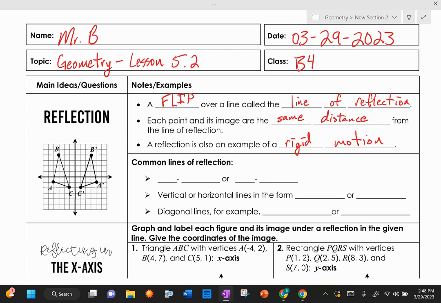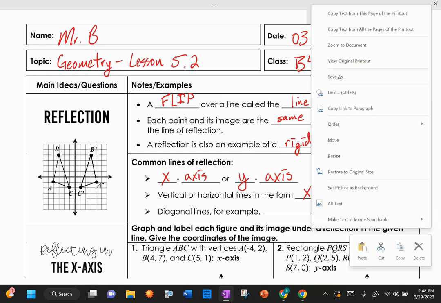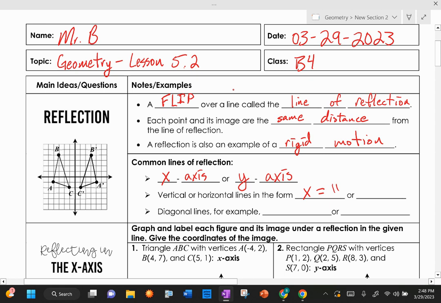Common lines of reflection. We will use the x-axis or the y-axis. Okay, vertical and horizontal lines in the form of x equals a number, or y equals a number. And then diagonal lines. What is the most common diagonal line? No. So it's a great guess, okay?